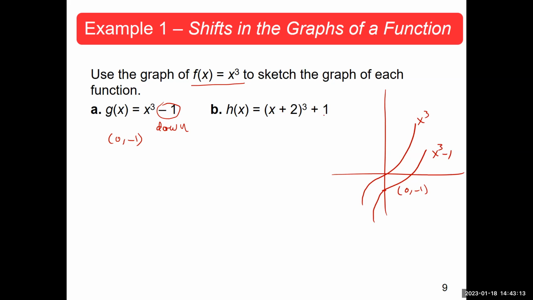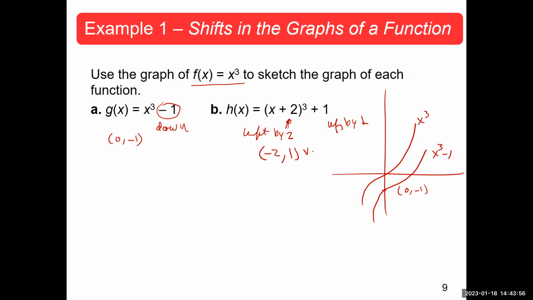How about this one here? The next one, h(x) equal x plus 2 to power 3 plus 1. Did we shift here left or right? Remember, when positive, we're shifting to the left. So this means left by 2, and up by 1. So what's the vertex location? Because left means negative, it's negative 2 comma 1.